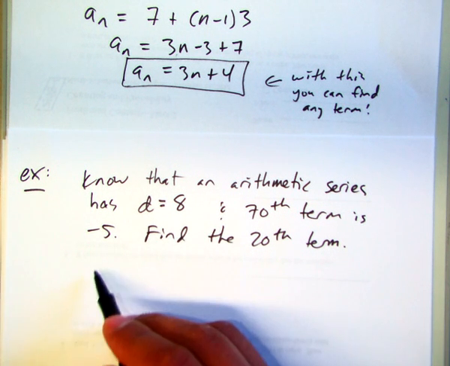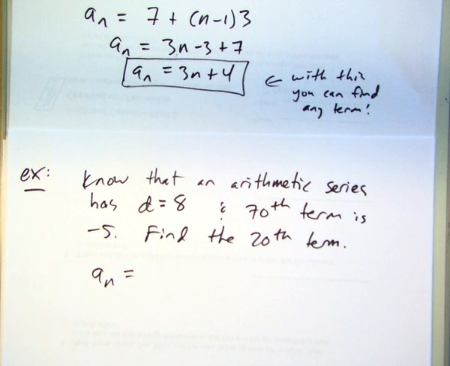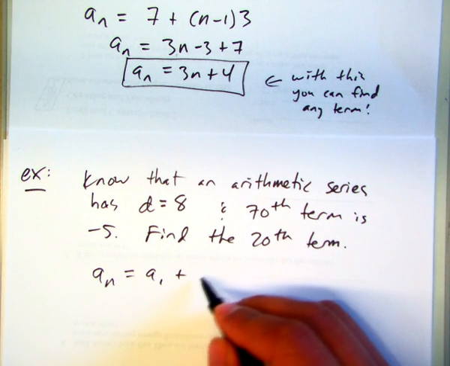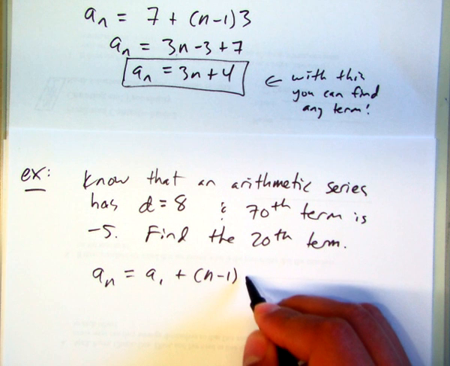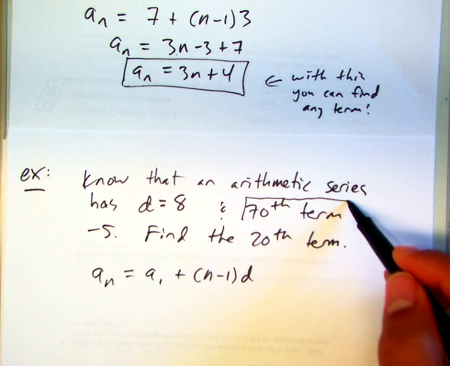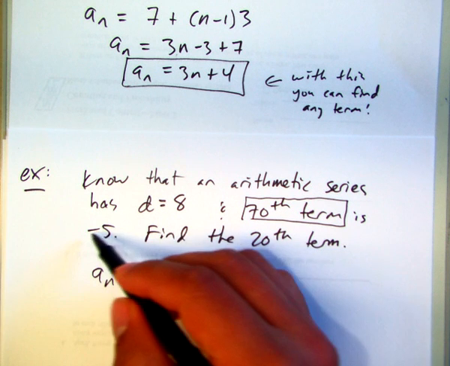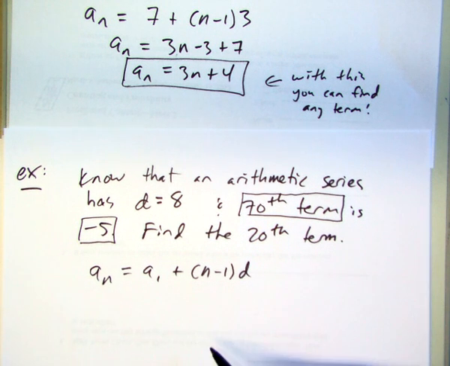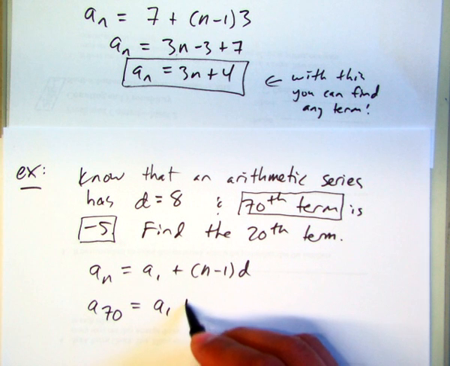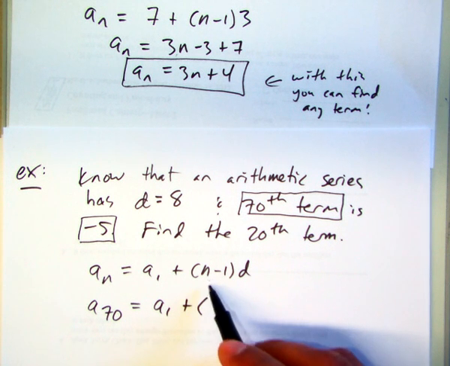So I know that this is the general rule. A sub n equals a1 plus n minus 1 times d. I know that the 70th term is negative 5. So the 70th term will be first term plus n minus 1.